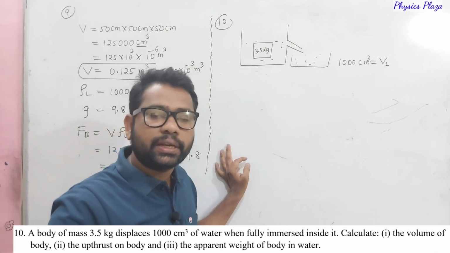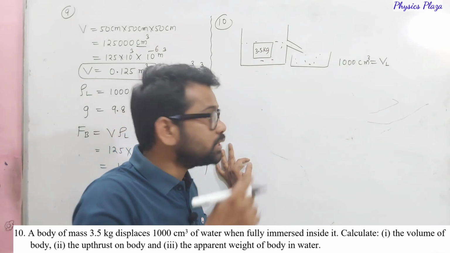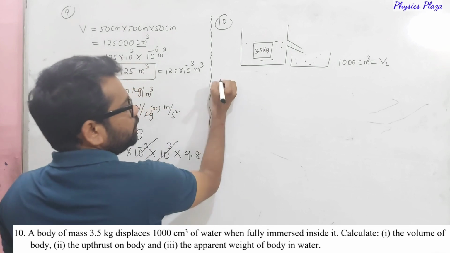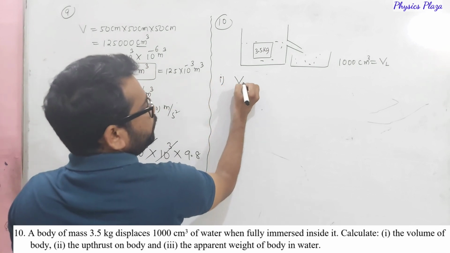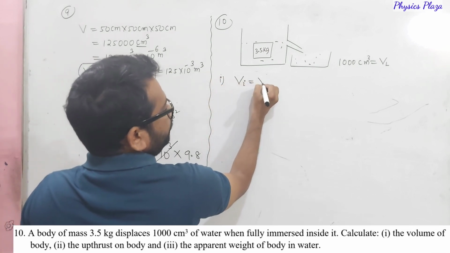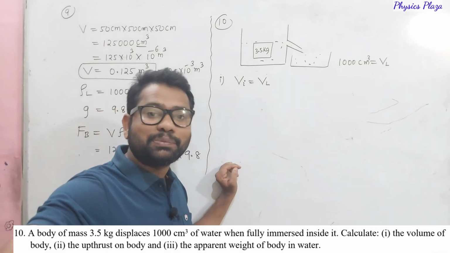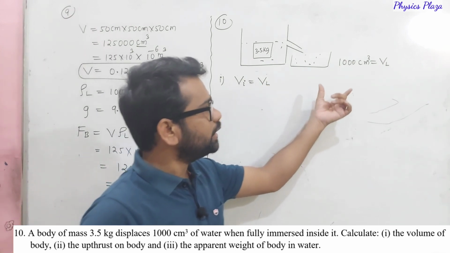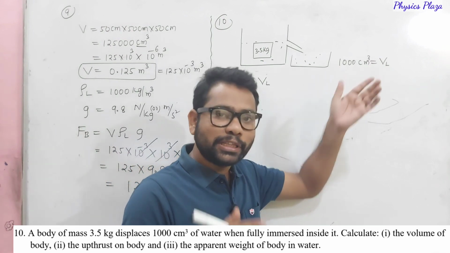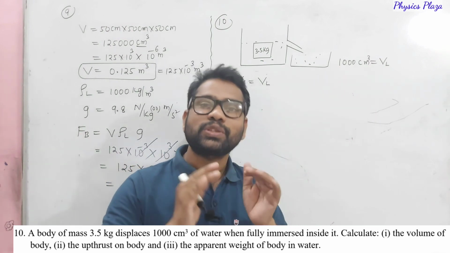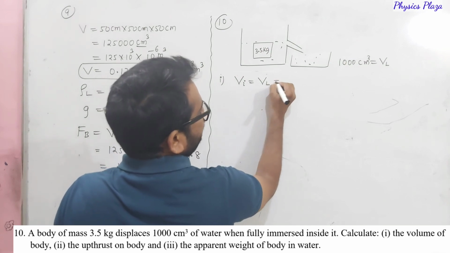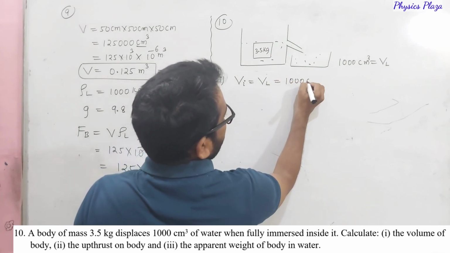Now first we have to calculate the volume of the solid, that is the volume of the body immersed. Children, we know that the volume of the body immersed is equal to the volume of the liquid displaced by it. Indirectly, the volume of the solid is how much, children? It will be 1000 centimeter cube.